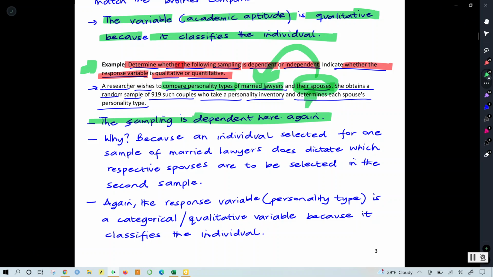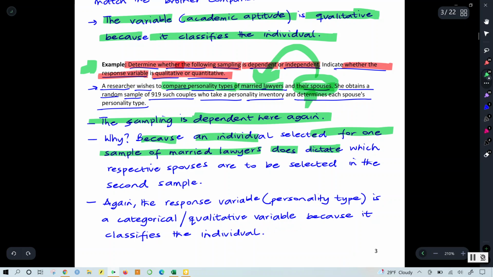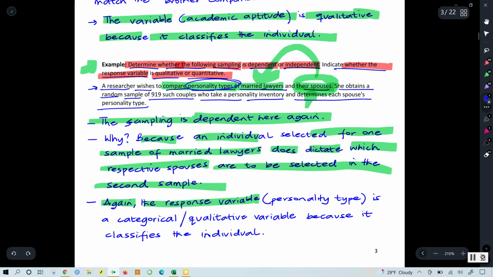So again, just to emphasize, the sampling is dependent because an individual selected for one sample of married lawyers does dictate which respective spouses will be selected in the second sample. And here again, the response variable, which we want to measure, that is personality types, is a categorical or qualitative variable because it classifies the individual.